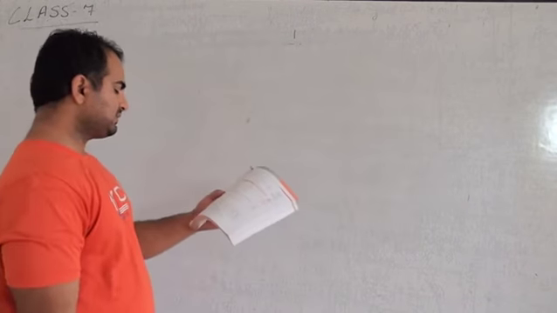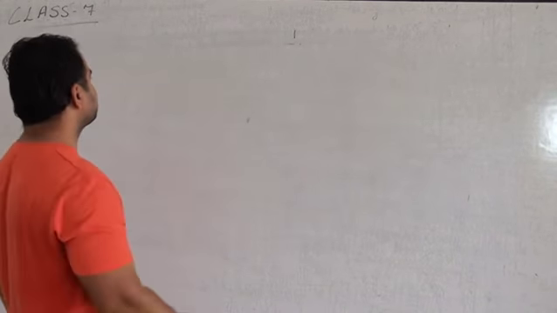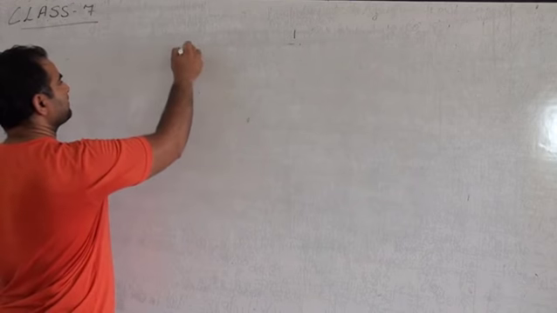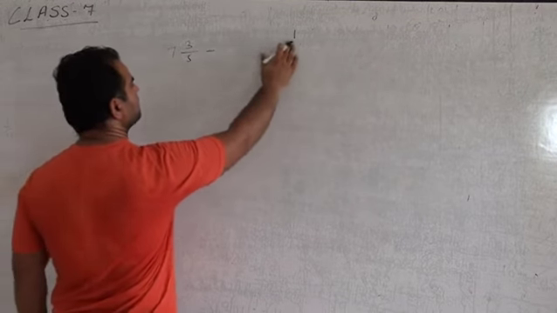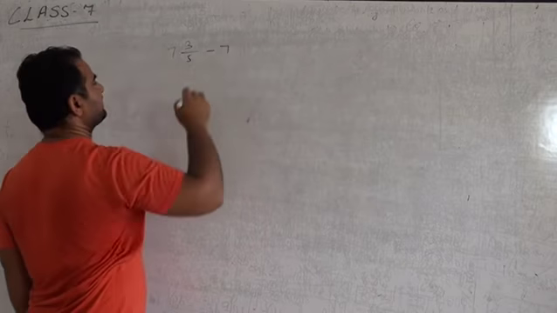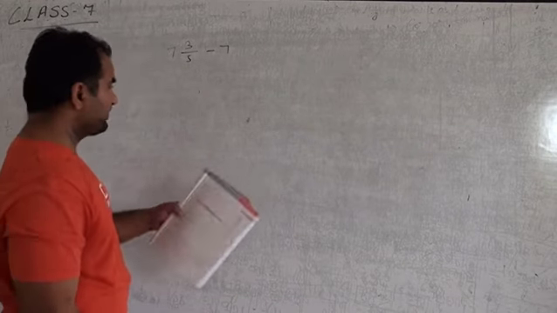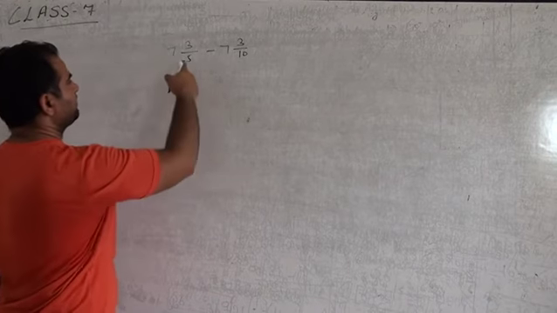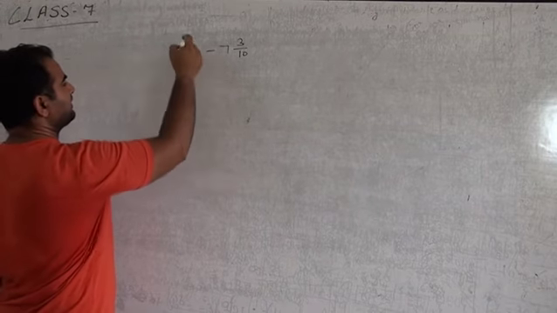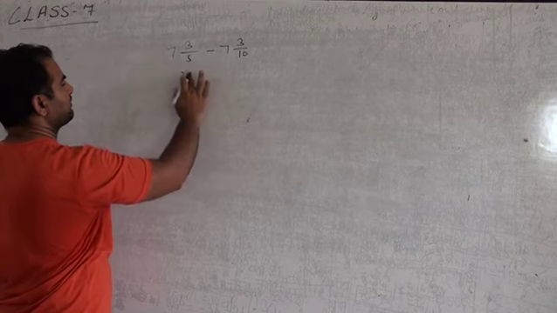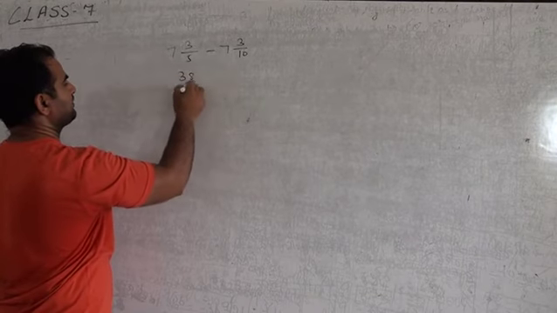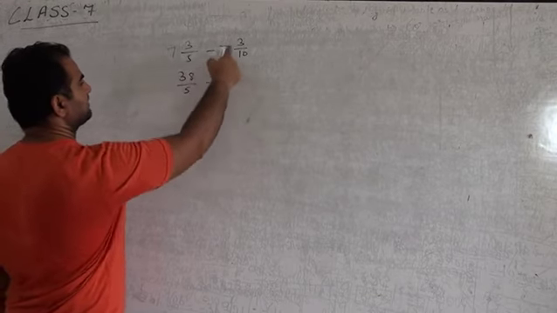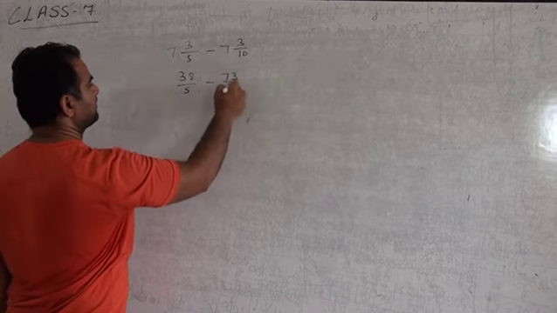So we will subtract 7 3 by 5 minus 7 3 by 10. It will be 38 by 5 minus 73 by 10.